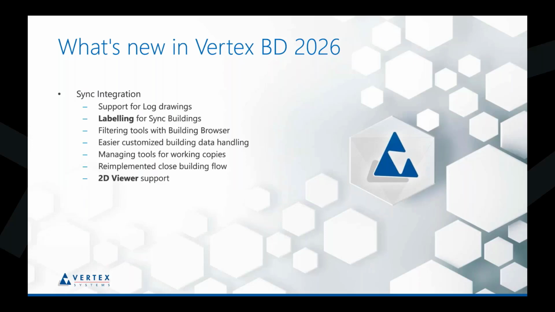For example, you have order products and that kind of things. You can do your own labeling, and the 2D viewer support for the sync product is now done to the BD.